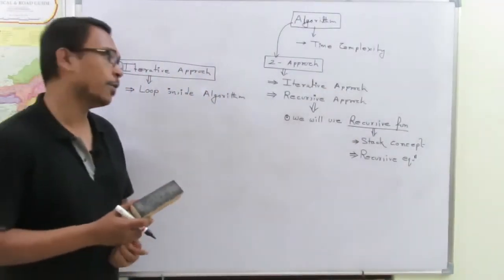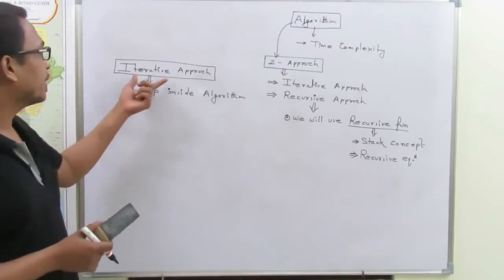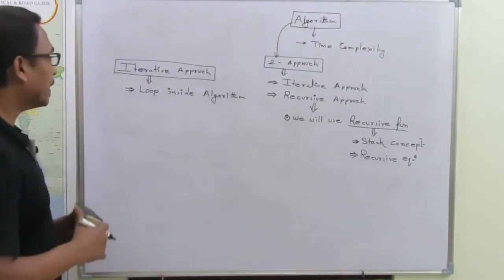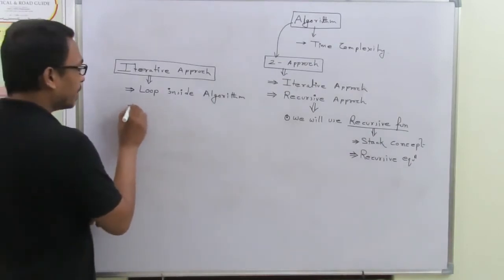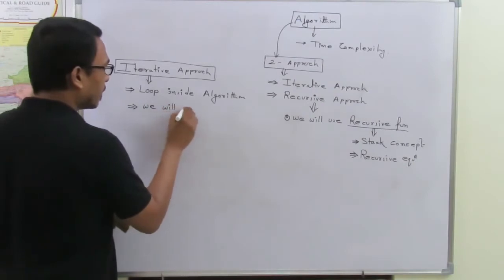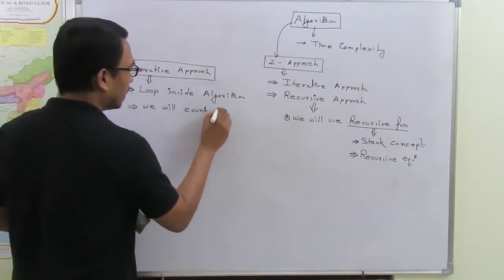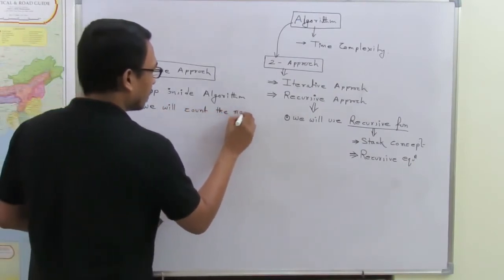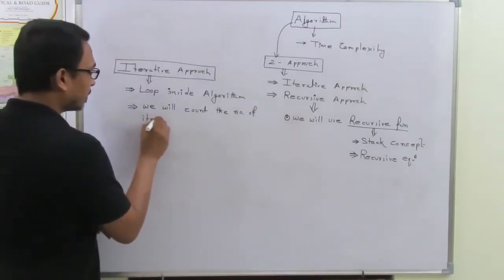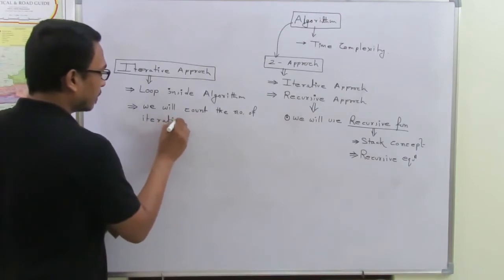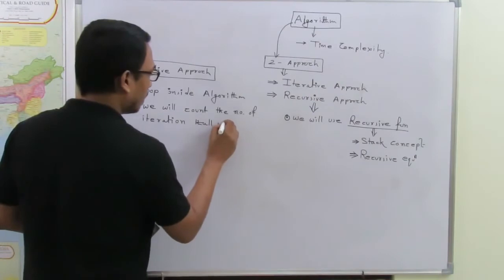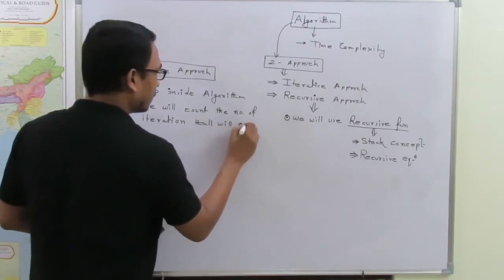Now, in case of the iterative approach, how can we find the time complexity? In case of the iterative approach, we will count the number of iterations that will execute.